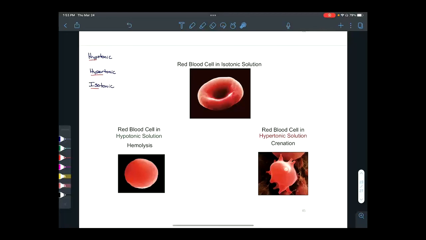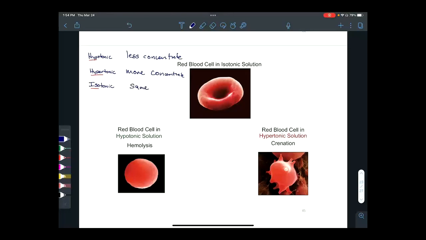Hypotonic solutions are just solutions that are less concentrated than those two concentrations we just described. Hypertonic solutions are more concentrated. Isotonic solutions are the same concentration. We already talked about those.